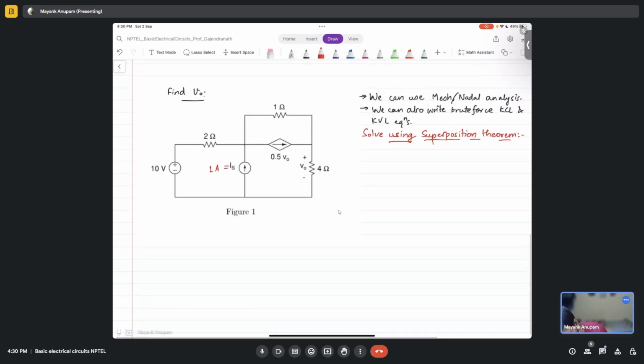So let's do that. First we need to identify the number of independent sources.